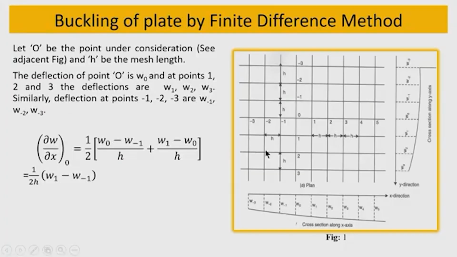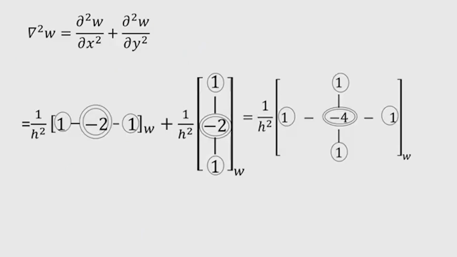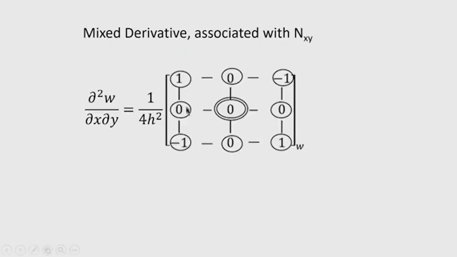Okay. So, the mixed derivative can now be written like this: the central value is 0, and towards right and left it is also 0 coefficient.